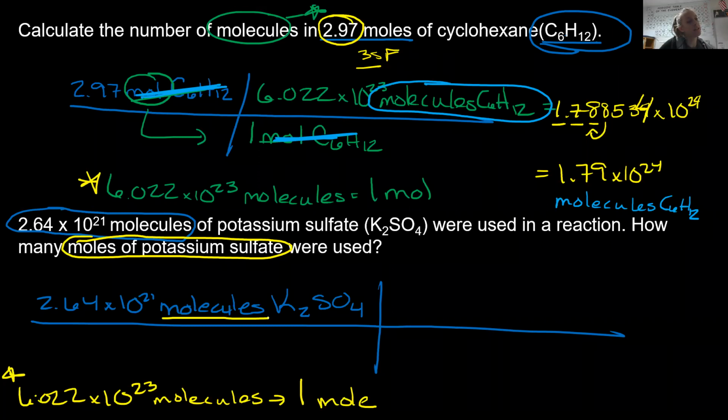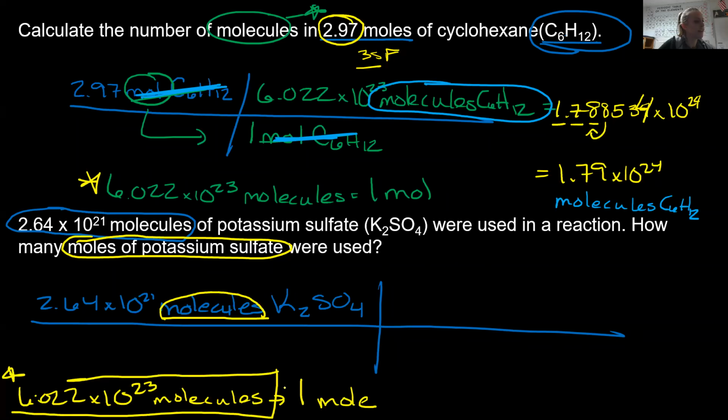We have molecules on the top. We don't want molecules anymore. So how do we get rid of this word? Put it on the top or the bottom? On the bottom. Yes. So this number with the molecules in it is what goes on the bottom because we need to cancel it out.